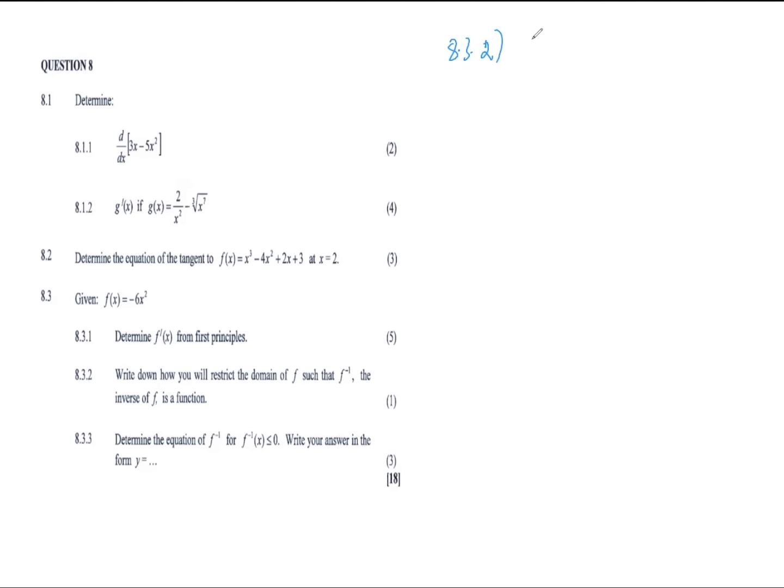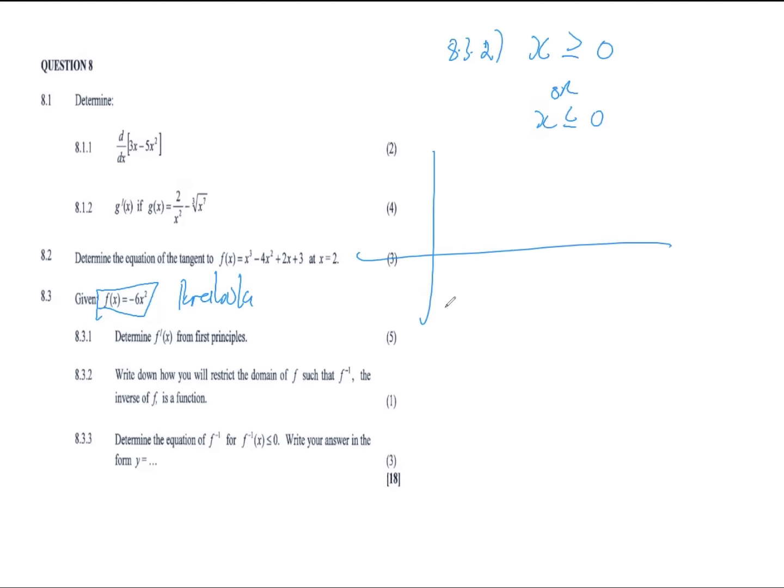You can say, remember that the restriction can either be x greater than or equal to 0, or it can be x less than or equal to 0, right? So we can see that what we are given here is actually a parabola, right? This is a parabola. You can restrict, because the domain, remember, what we have here is something that would be like this.